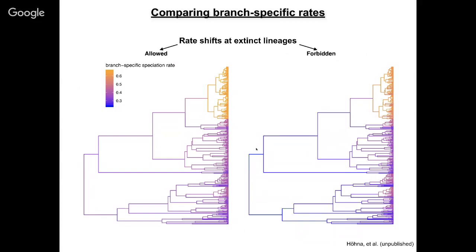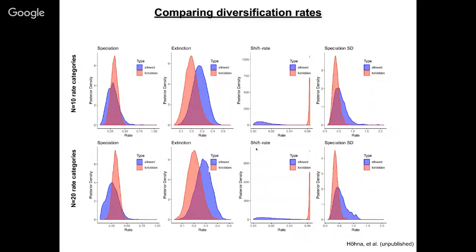Cool, thanks. I think I have a double slide in here, so I'll jump over that. What I also did for exactly that same scenario was look at the overall estimates of the mean speciation and extinction rate. We have always here in blue if we allow for rate shifts at the extinct lineages, and in red if we don't allow them.